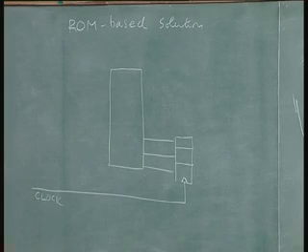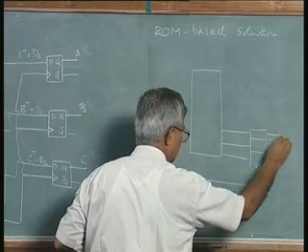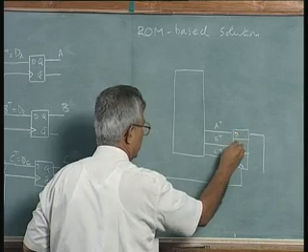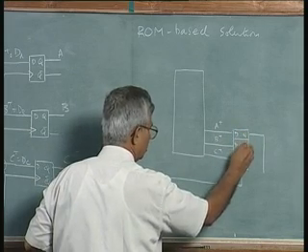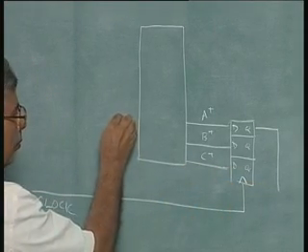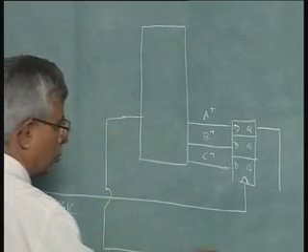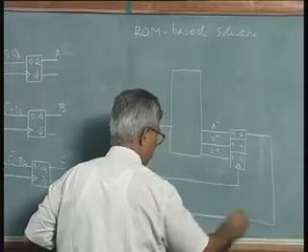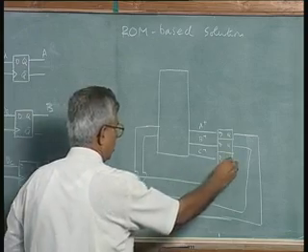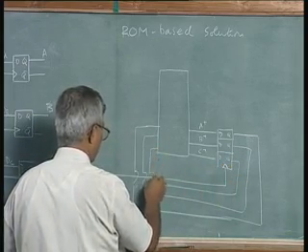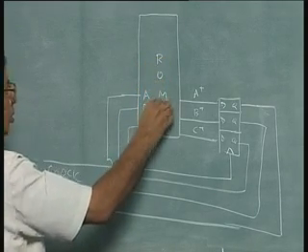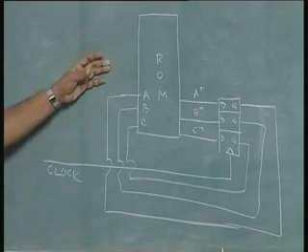Now, the outputs of this are A plus, B plus, C plus, going to D inputs and Q outputs of the flip flops. Clock is common to all the 3 flip flops. So, these will be my A, B and C. In addition, I should give all the inputs and get all the outputs.